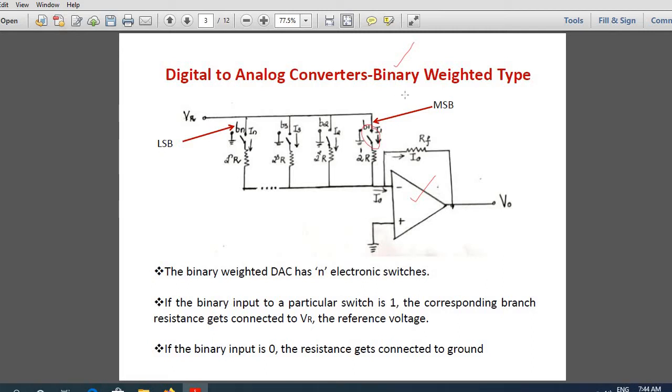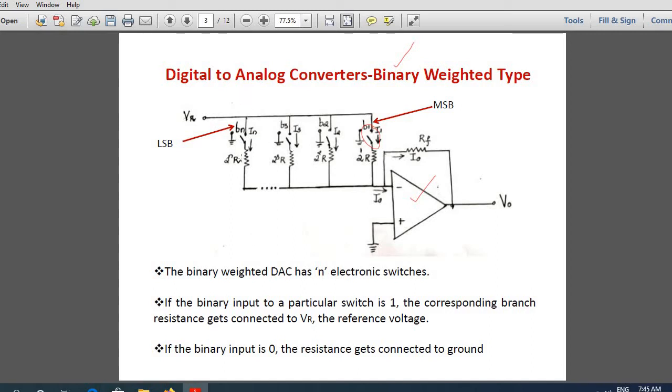We will have the input as digital data because we need to convert the digital data to analog. So if the input data is of n bits, then n branches are required, 1, 2, 3, up to n. I have not drawn numerous branches, I have put dots here. For example, if it was 4-bit data, you would have branch 1, 2, 3, 4.